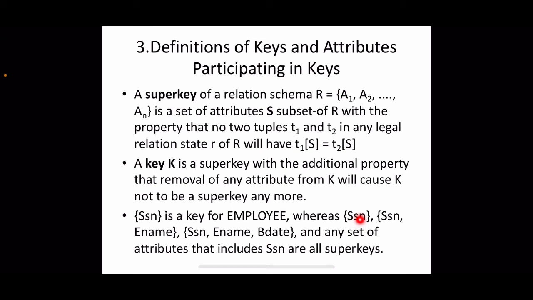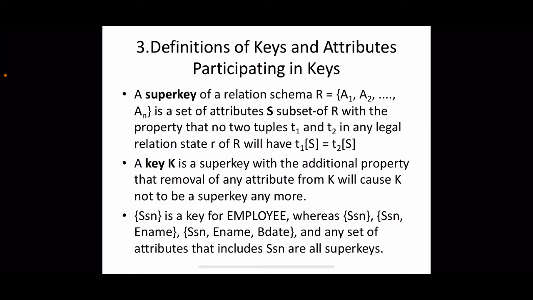If you take SSN only, two different tuples will have different SSN because SSN is the key. What about SSN and ename together? That combination also, no two different tuples will have the same combination because SSN is unique. The same thing happens for SSN, ename and birth date. So we can say that all these three can be super keys in the employee relation schema.